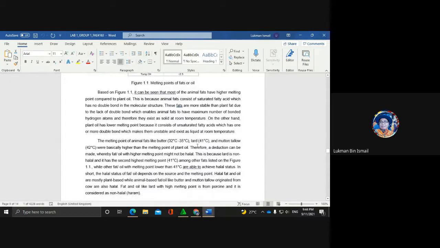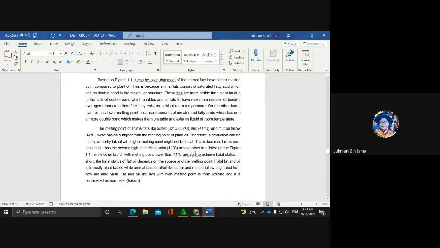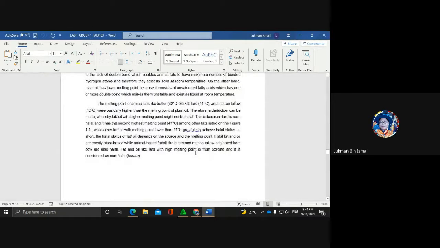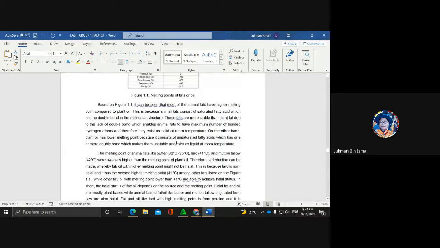Lard is 41 degrees Celsius. So you can predict that you have more animal fat if the melting point is higher, around 40 degrees Celsius.